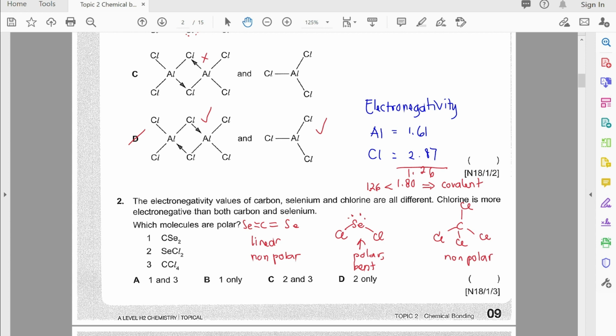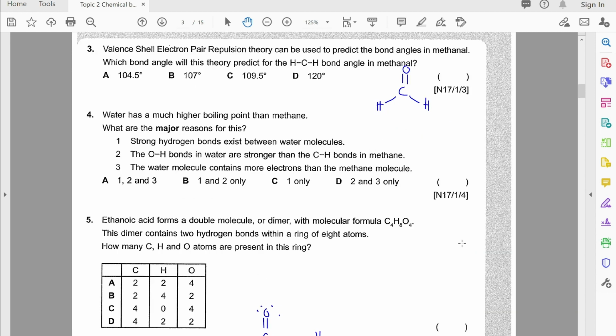So we can also say that the net dipole moment here is 0, the net dipole moment here is greater than 0, and the net dipole moment here is also 0. Answer is D.